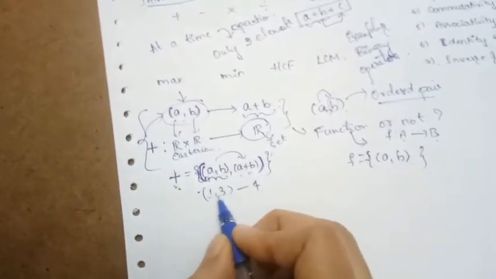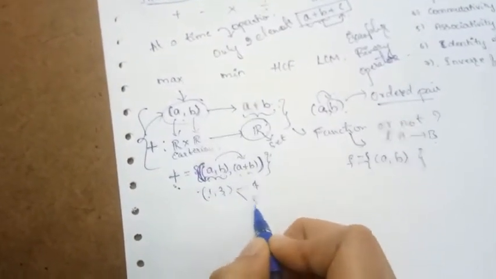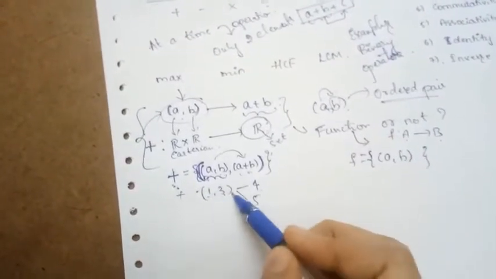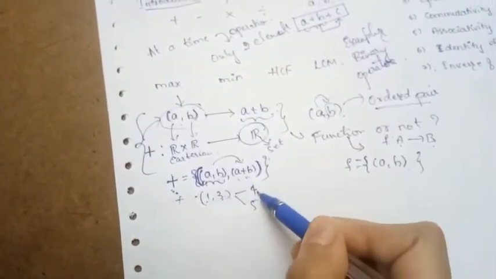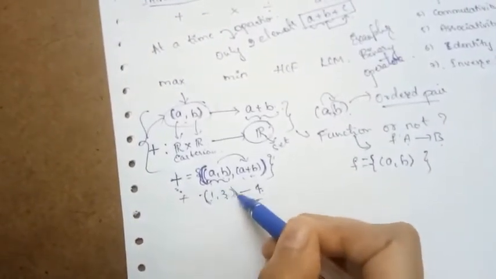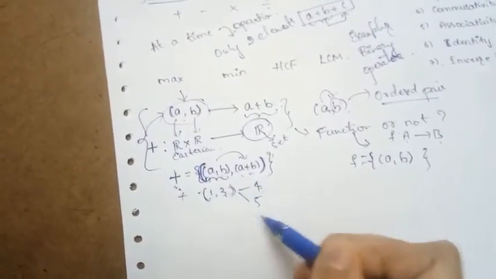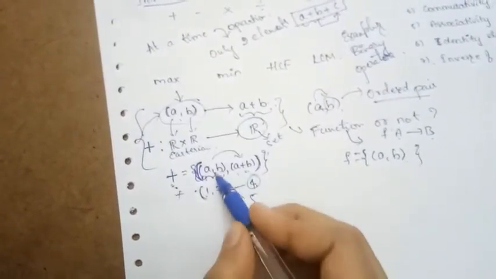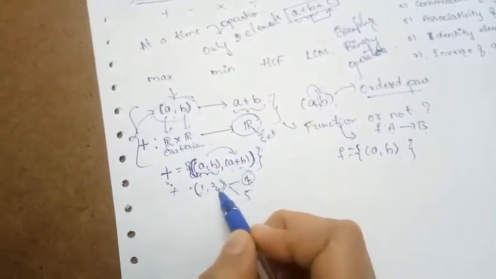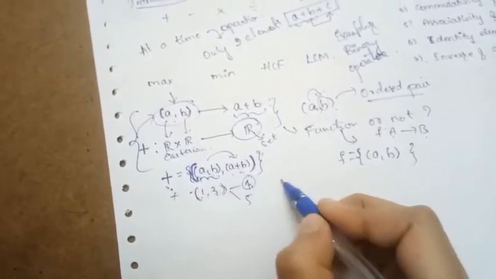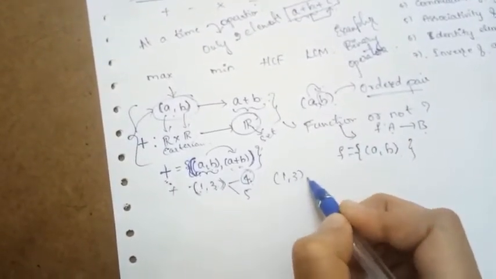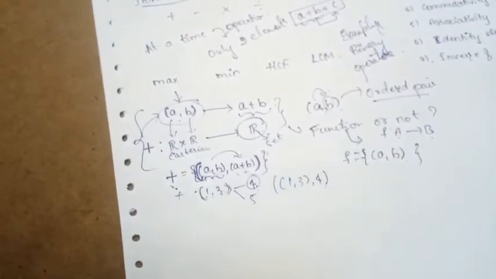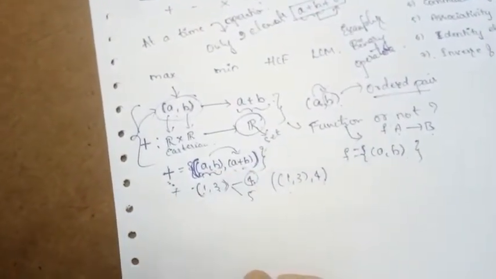So for (1, 3) itself, we are not at all going to get any other number. If addition is the operator, (1, 3) means 1 plus 3, which is 4. For the same (1, 3), it is not possible to get any number other than 4, right? If I write it in ordered pair form, it is ((1, 3), 4).